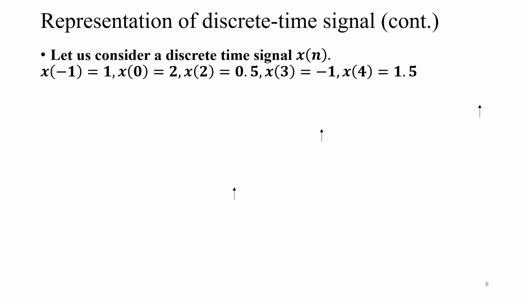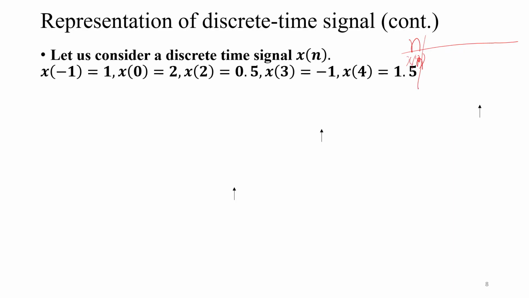Now let us take another signal x of n. X of minus 1 is 1, x of 0 is 2, x of 2 is 0.5, x of 3 is minus 1, x of 4 is 1.5. For simplicity, I can write it in a table format, n and x of n.